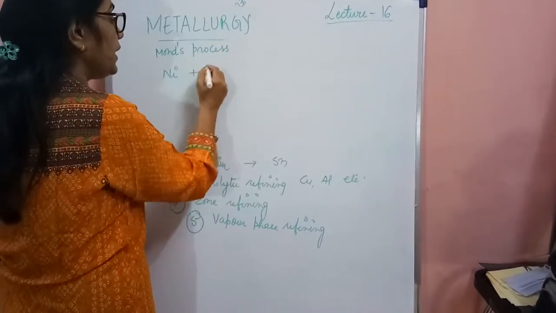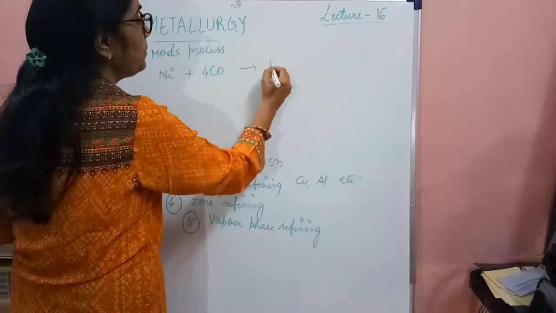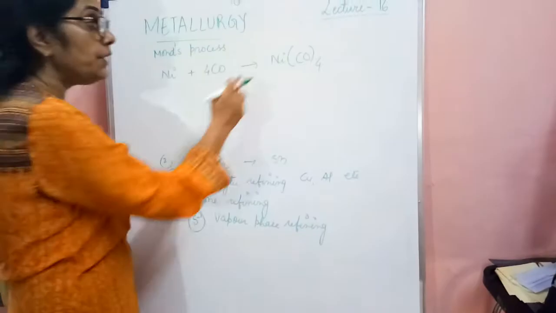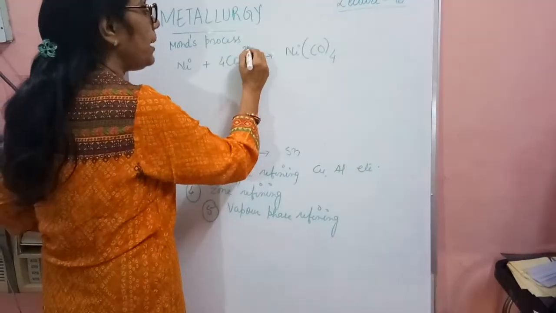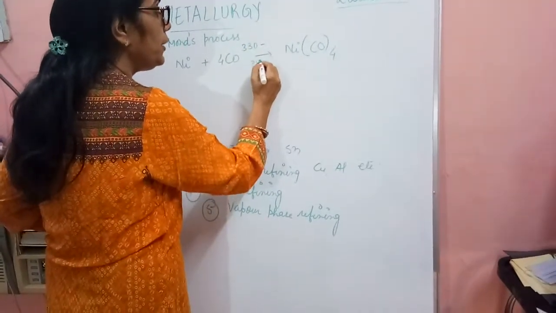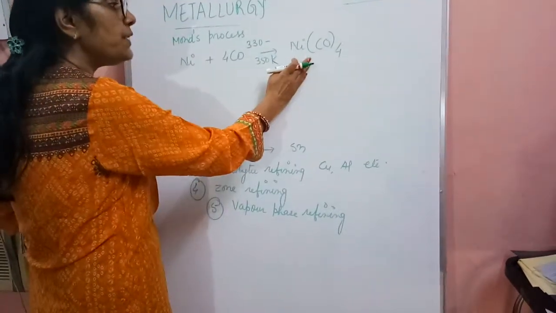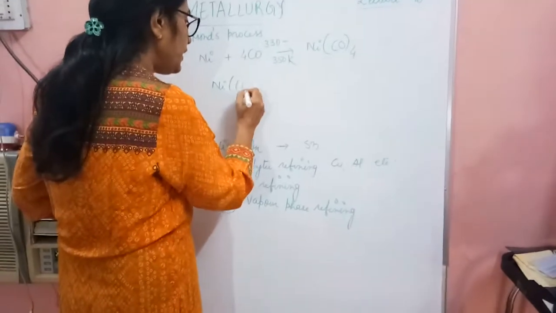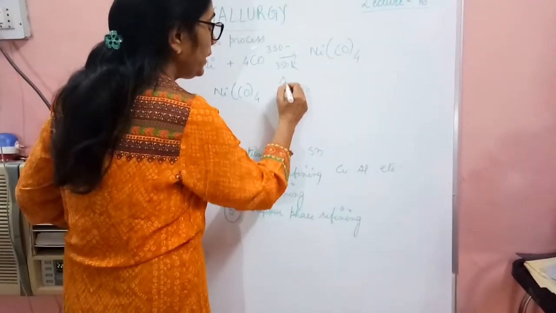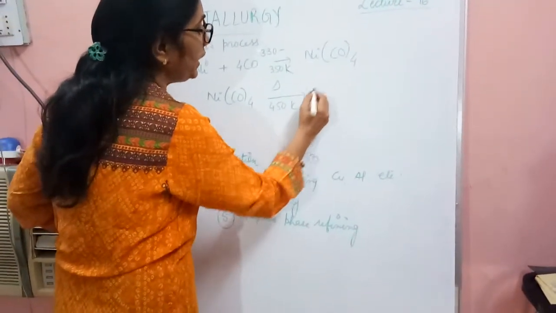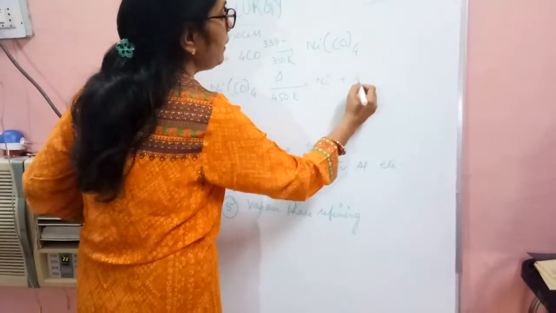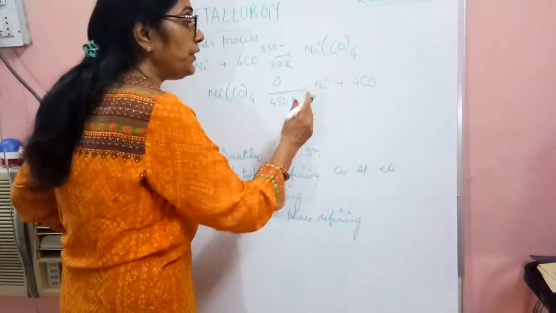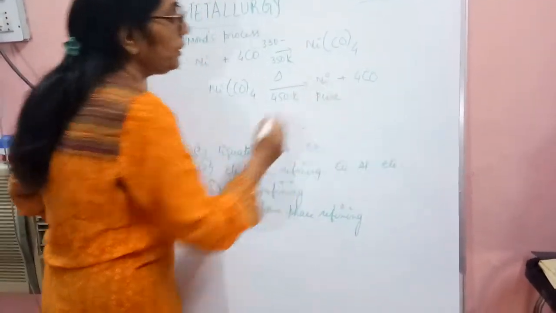So in this case nickel combines with carbon monoxide and forms Ni(CO)4, nickel tetracarbonyl, at a temperature around 330 to 350 Kelvin, and this is the volatile compound which is formed over here. And this nickel tetracarbonyl upon heating around 450 Kelvin forms nickel, and carbon monoxide is released, which can again be recycled, and we get pure nickel.